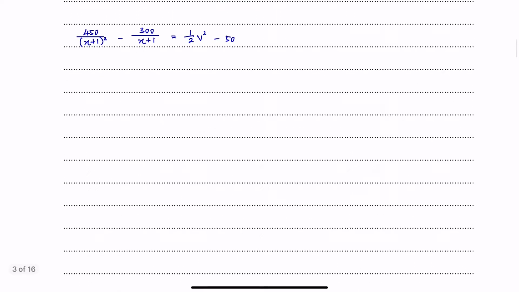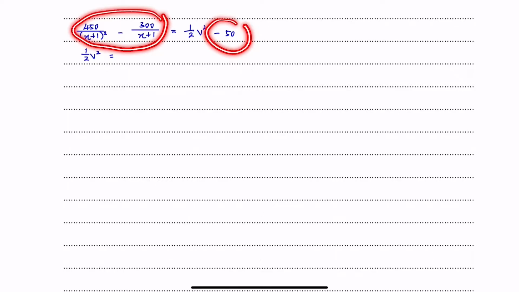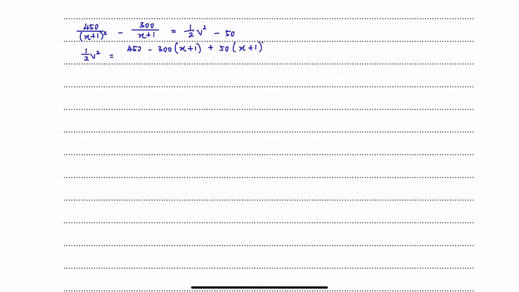So we would try to make v squared the subject. We have half v squared equals to, okay, now we would try to make all of this into one fraction. We would have 450 minus 300 times (x plus 1) plus 50 times (x plus 1) squared over (x plus 1) squared.